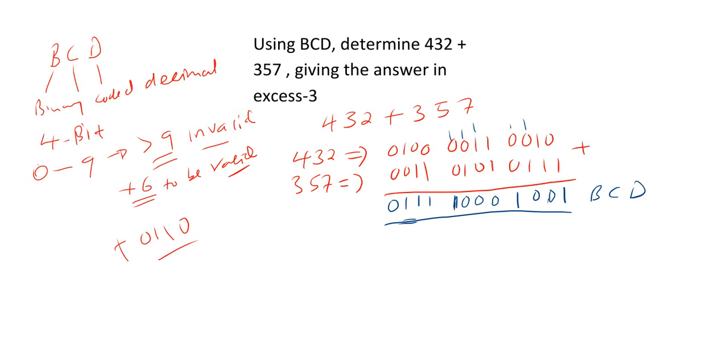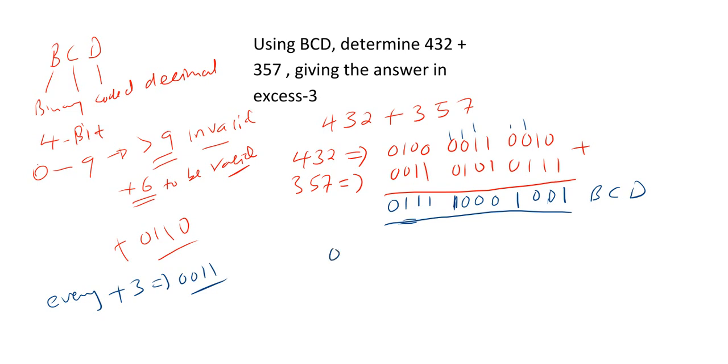Our question requires us to give the answer in excess-3. So to get excess-3 of BCD code, to every group we add 3, and the 3 we add it in binary form, which is 0011.